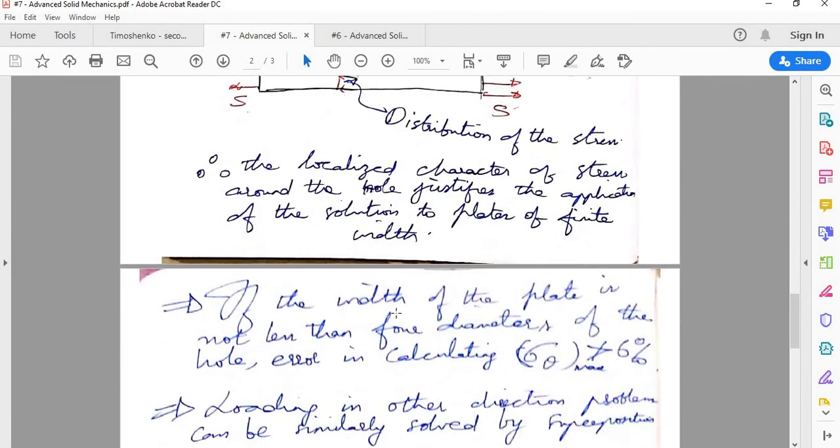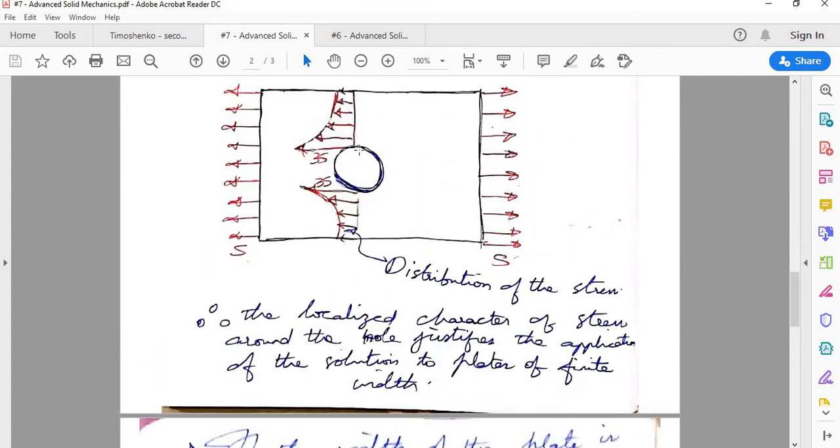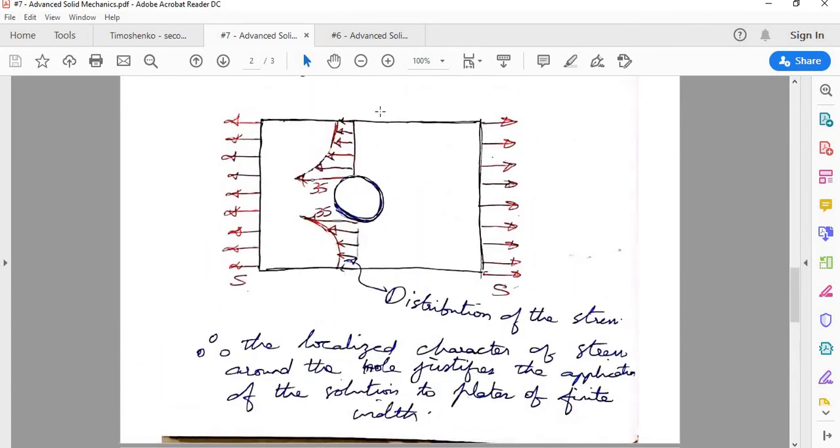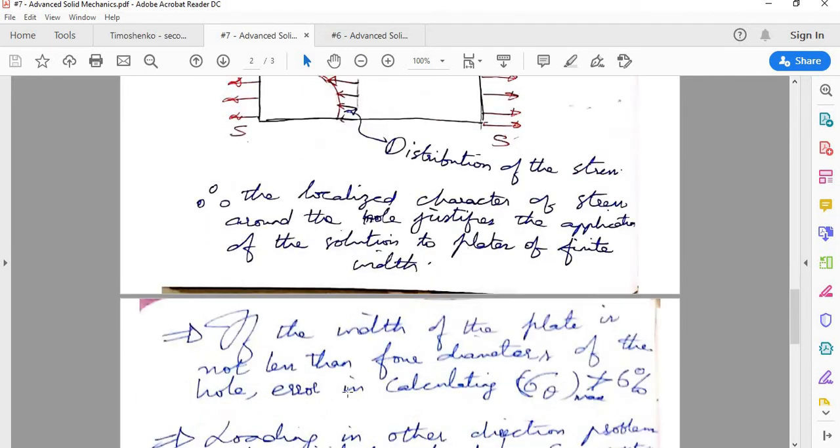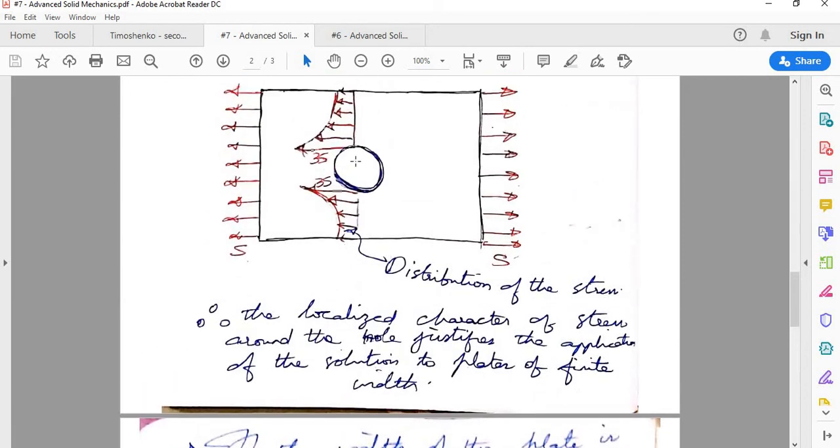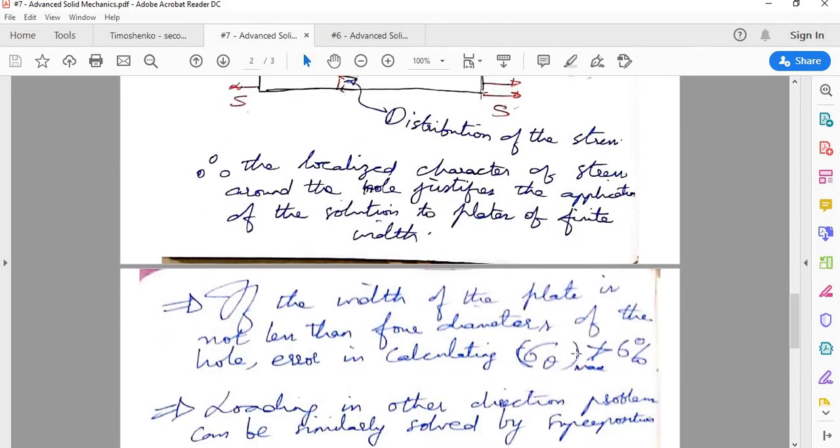And it is found that when the width of the plate is not less than 4 diameters of the hole, so you consider the hole diameter, and if the size of the hole is larger compared to the width of the plate, such that the width of the plate is not lesser than 4 times this, which means it is a reasonably big hole compared to the size of the plate, then the maximum error obtained in calculating sigma theta max is not greater than 6%.